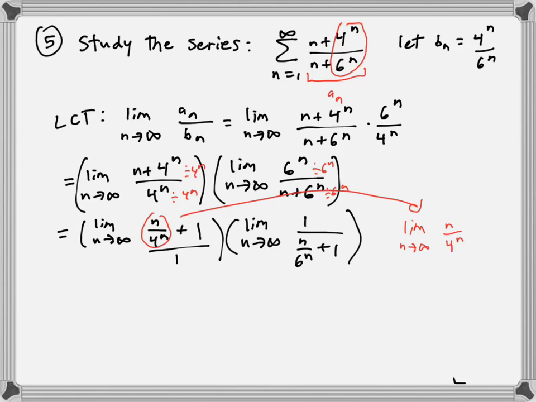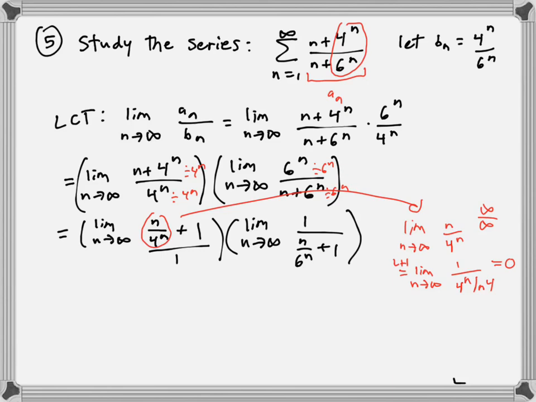Well, if I get infinity over infinity, I'm going to use L'Hopital's rule. Then I end up with the limit as n goes to infinity of 1 over 4^n ln 4, which goes to 0.